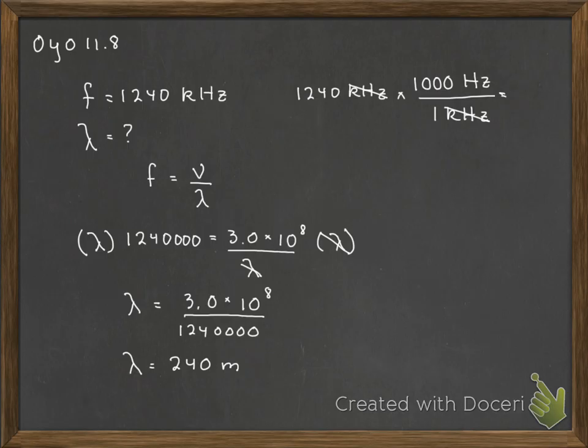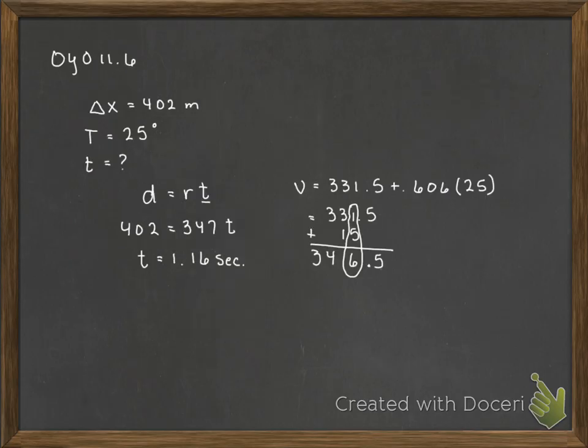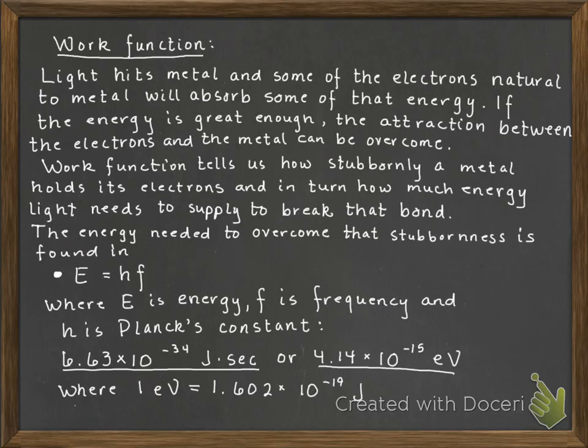Should be relatively simple. Now, what we're going to do is backtrack a little bit to light as a particle, and that's where all of this information is going to be very important, because we start to work with work functions, photoelectrons, and so on. So we're going to look at a simplified explanation of what work function is.